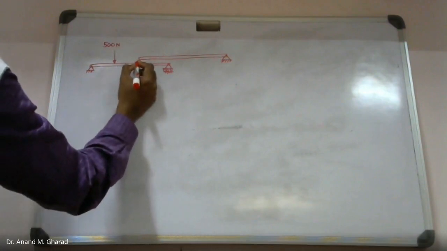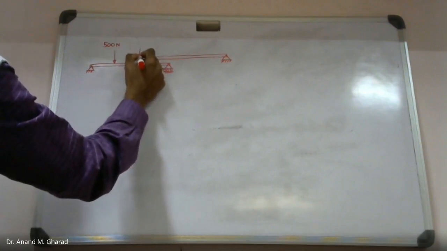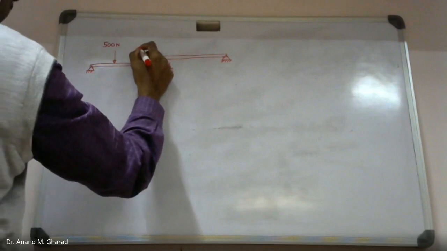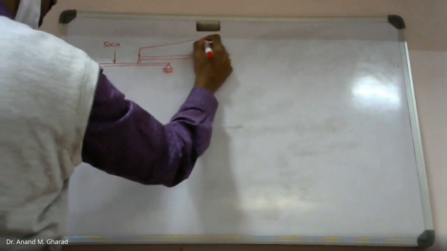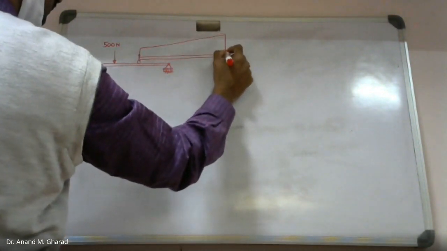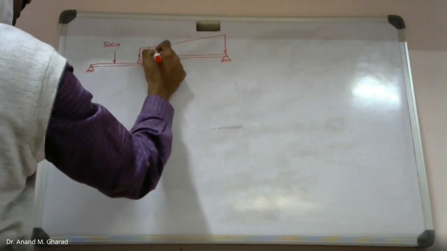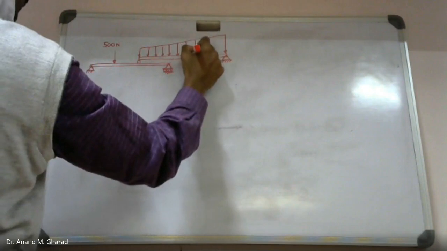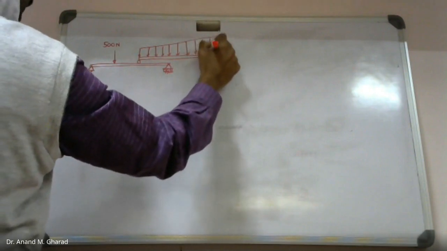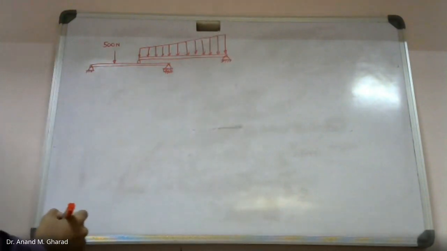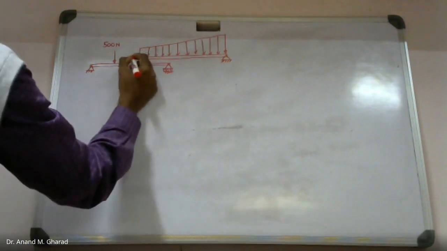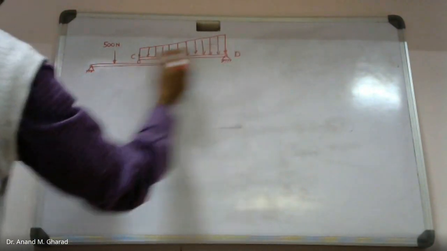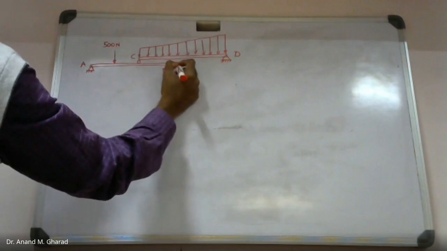This consists of trapezoidal loading. This is a uniformly varying load condition. So you can see this is negative and this is positive. Over here you can find the notations AB and CD.